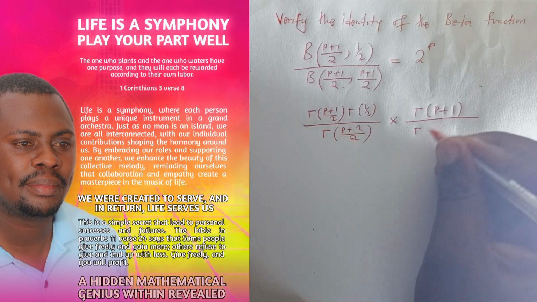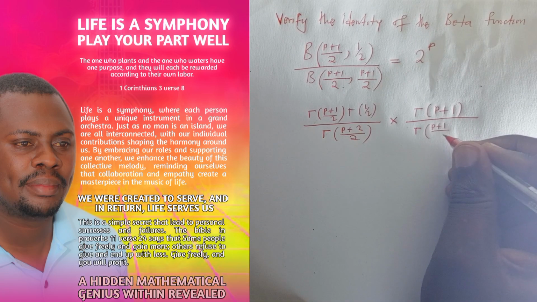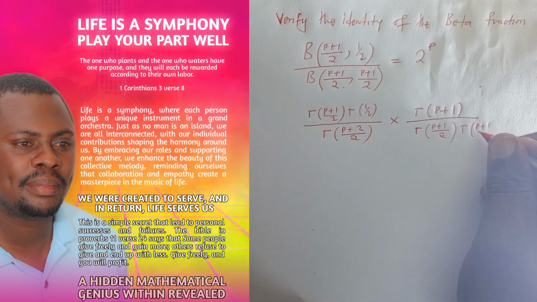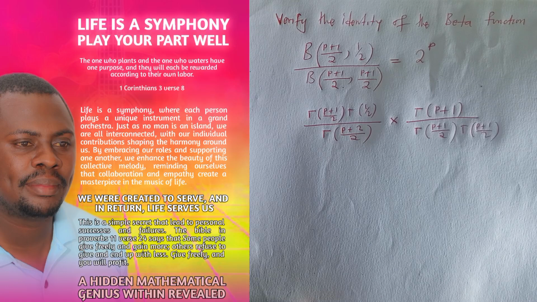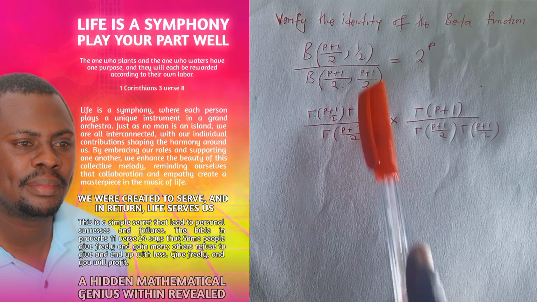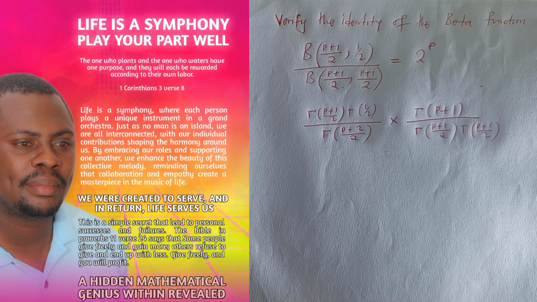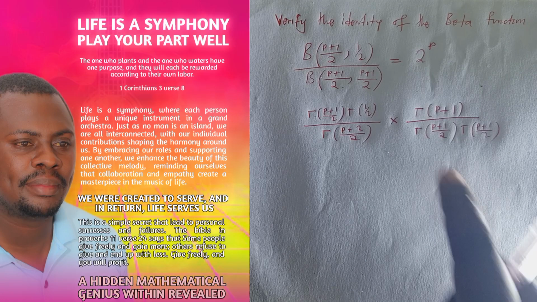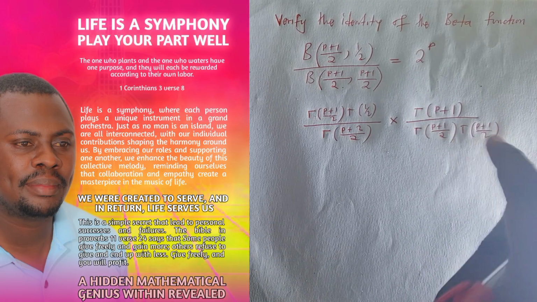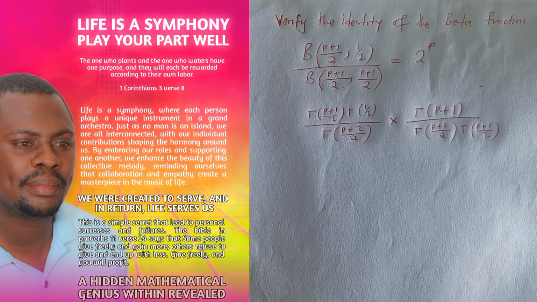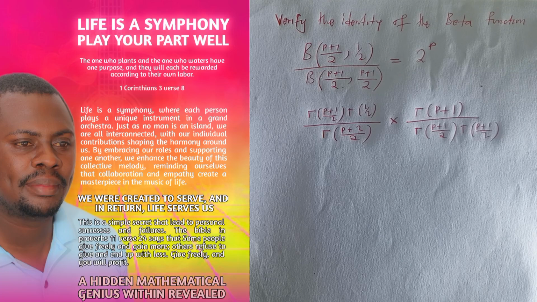So it will be gamma of p plus 1 over 2 multiplied by gamma of p plus 1 over 2. Okay, so we have done so because here we are dividing. So we need to do the opposite. So instead of starting with the product of two gamma functions, you start with just a sum. Okay, so I believe that concept is clear.